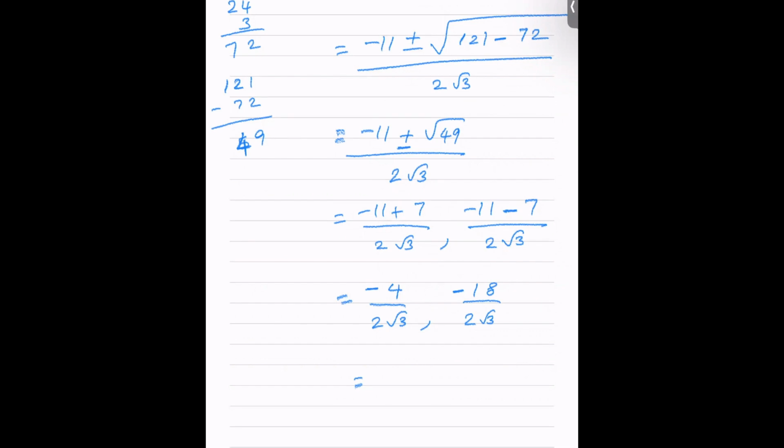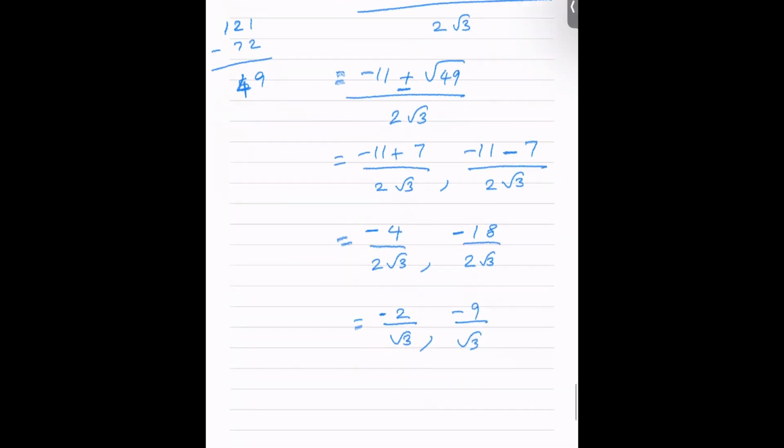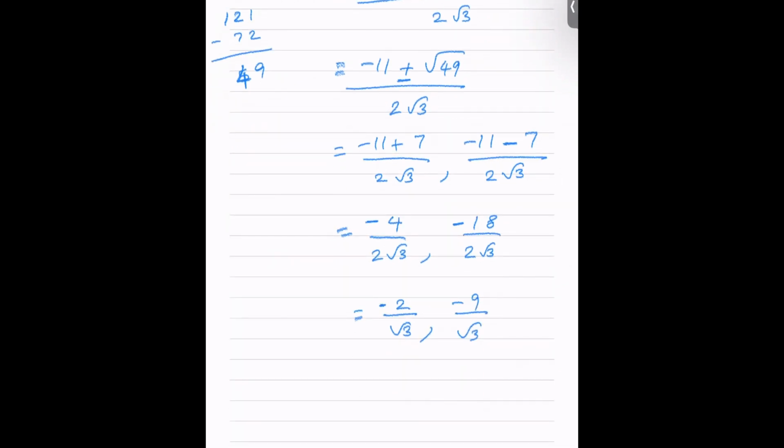So what are the different values of x that I am getting? That is minus 4 by 2 root 3, minus 2 by root 3 is one value. The other value is minus 9 by root 3. But there is a problem. You're not supposed to have an irrational number in the denominator. You have to rationalize it. So how do you rationalize it? Just multiply numerator and denominator by root 3.